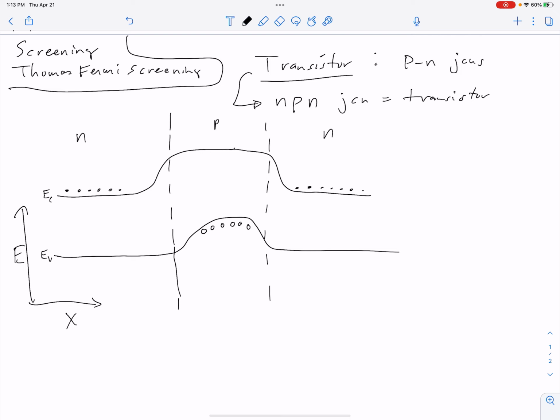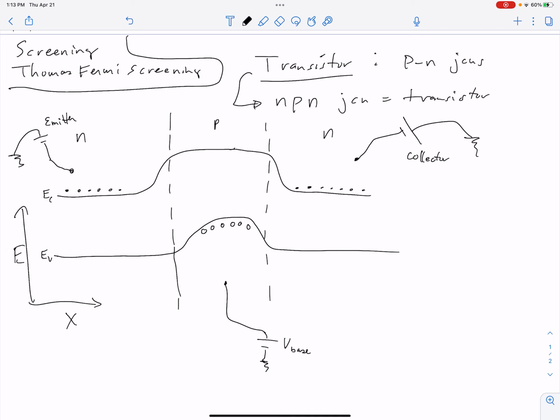The idea is that I put a voltage here, which we'll call the emitter, and a voltage here, which we'll call the collector. On the middle side, I'll put a voltage that we'll just call the base. The idea is very simple.